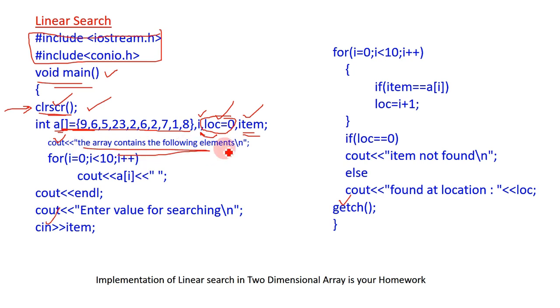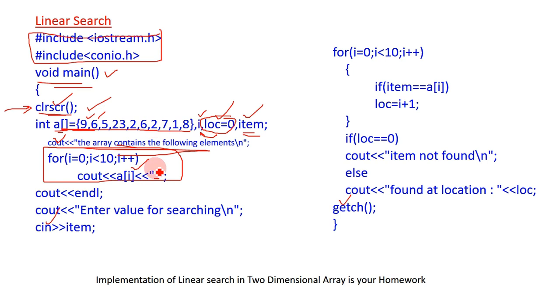Cout, this message will be displayed to the user: the array contains the following elements. For I equal to 1, this is just the traversing operation. For I from 1 to I less than 10, I plus plus, display the whole elements of the array. And this is just a blank space between two values, for example 9 and 6.